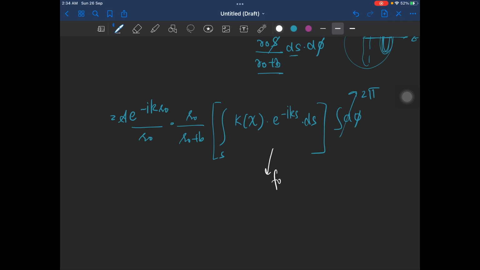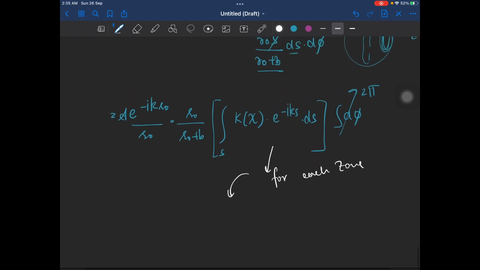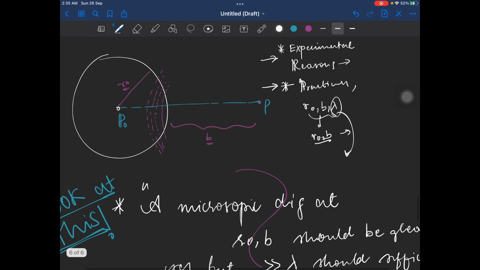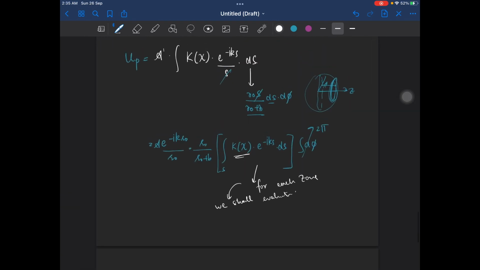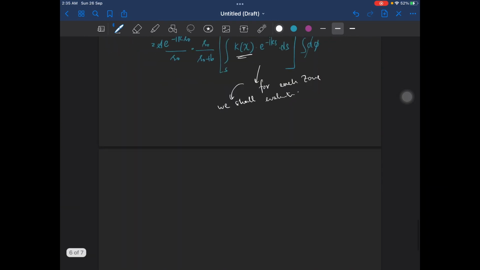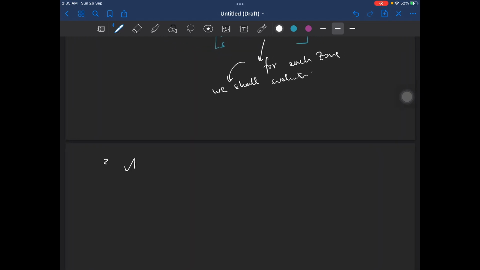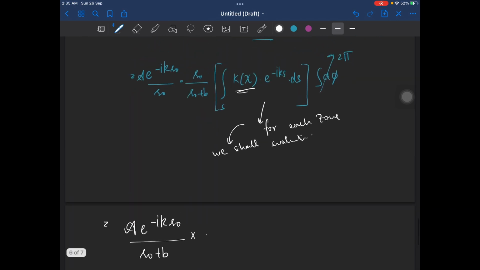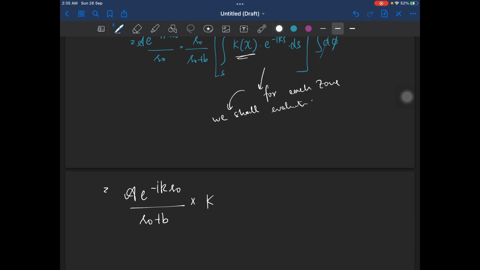For each zone we shall evaluate, because chi varies, right? We shall analyze it somehow. You will see that this is A times e^(-ikr naught) by (r naught plus b) times K_j for the jth zone.